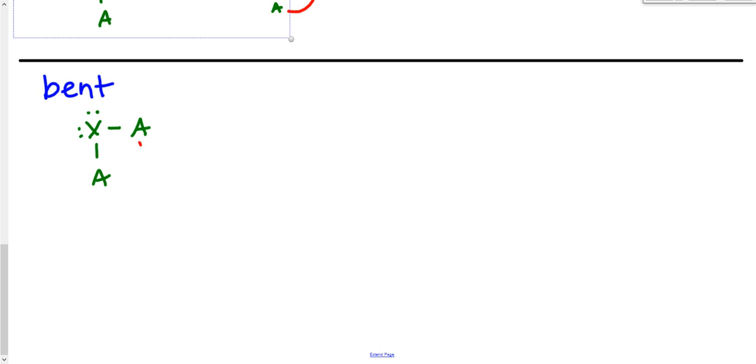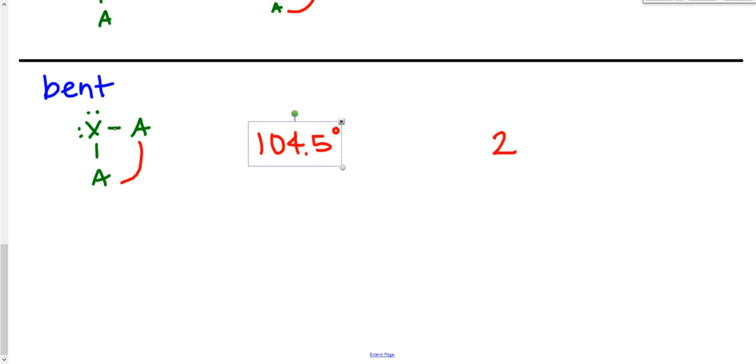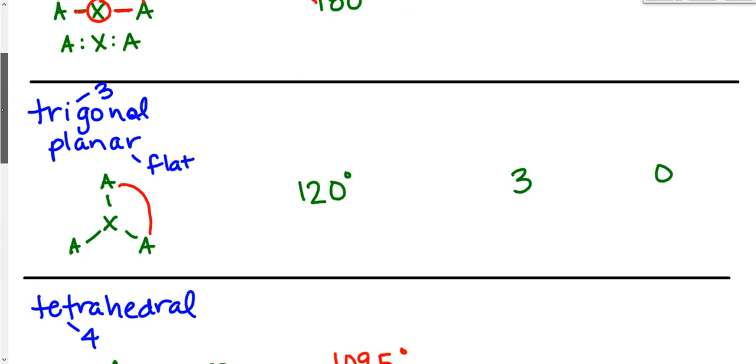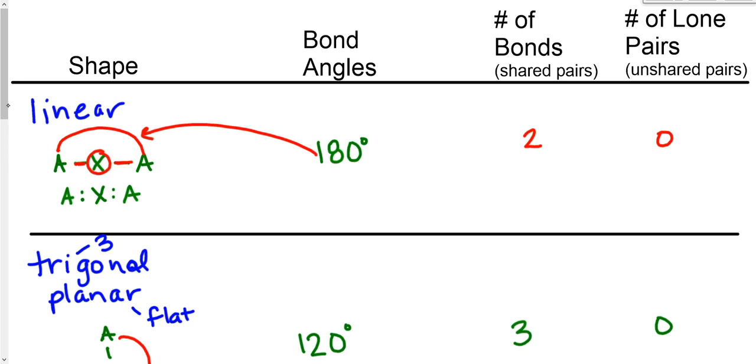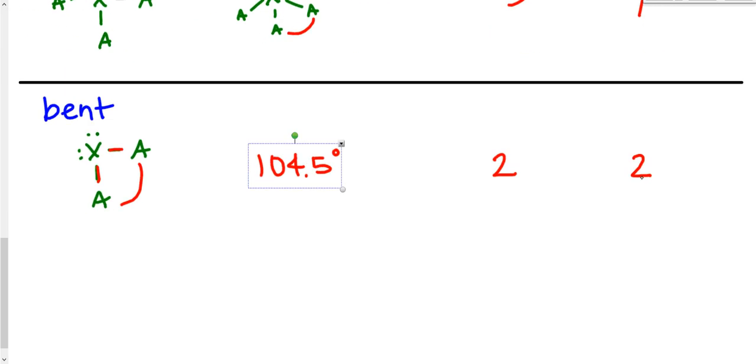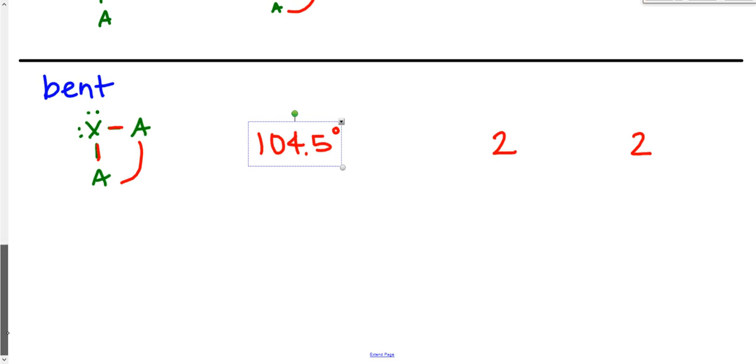So our bond angle is from A to A here, which in this case is 104.5. And our bonds are 2. We've got the A to X right here and the A to X here. And we also have 2 lone pairs. So the difference between this and linear, even though they both have 2 bonds, is this has 2 lone pairs, which affects the shape.